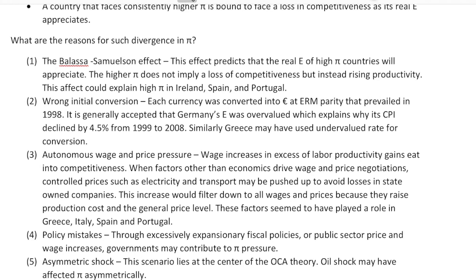However, there are other issues that may drive wage negotiations as well. So non-economic factors, right? For example, minimum wages can be increased to reduce inequality, right? Similarly, civil servants, so that would be the government employees who don't necessarily face any foreign competition, may be better organized to extract wage increases.